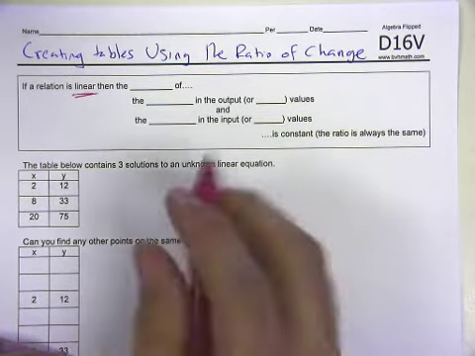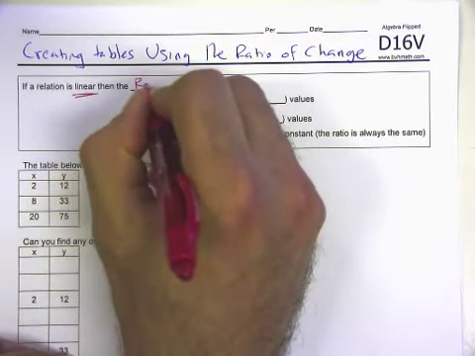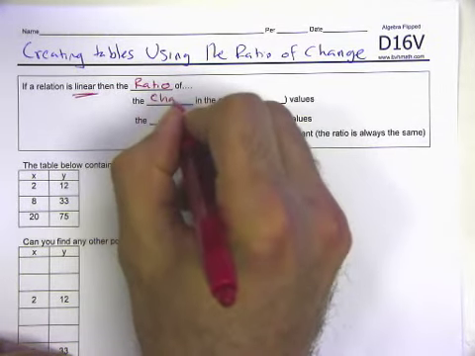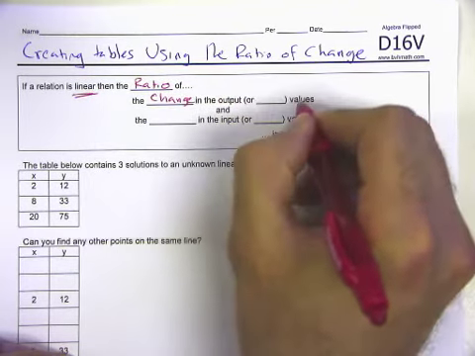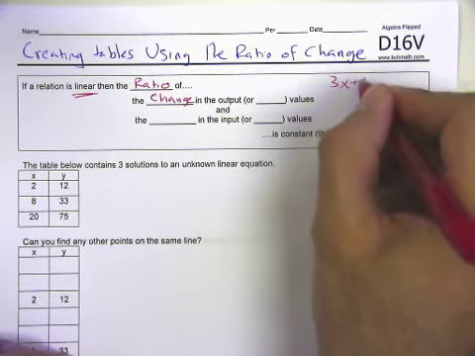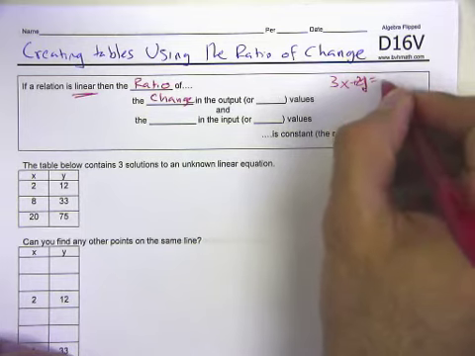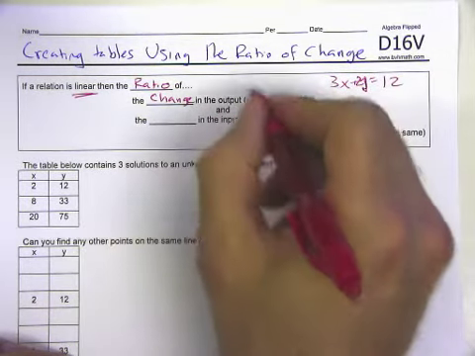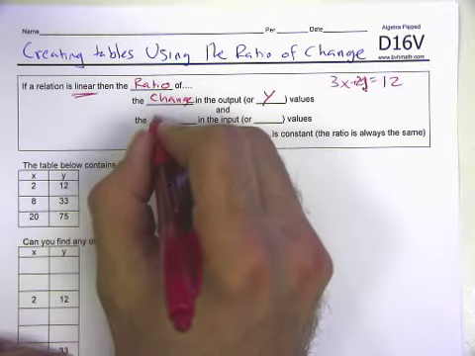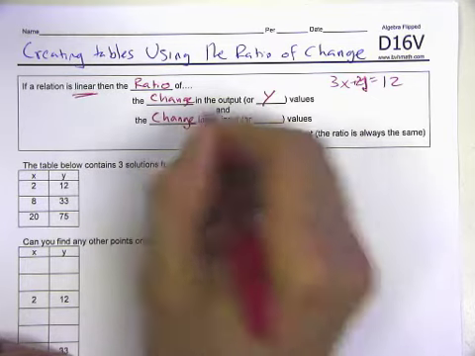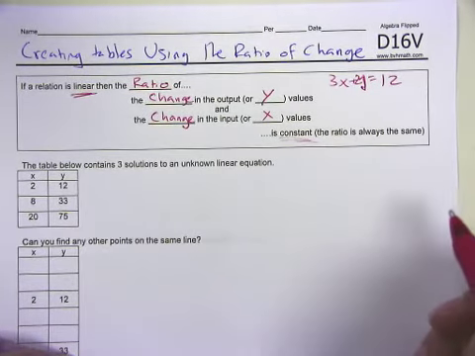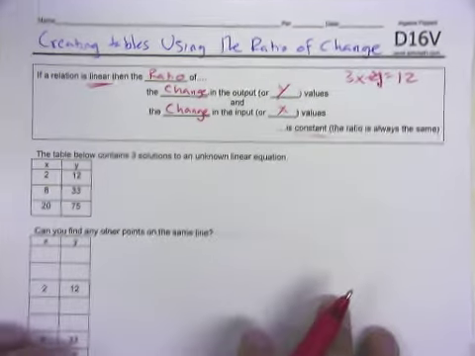If a relationship is linear, then the key thing that we see is that ratio, the comparison using division between the change in the output values, which when we talk about xy equations, things like 3x plus 2y is equal to 12, we'll think about the output values being the y values, and the change in the input, or x values. If that ratio is constant, if it's always the same, then we know that a relation is linear.